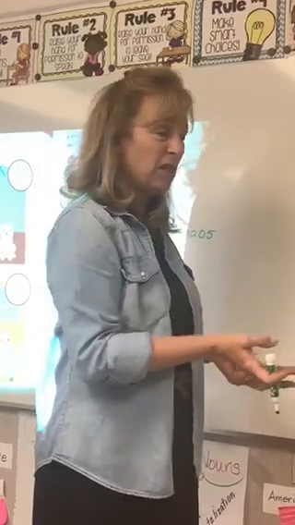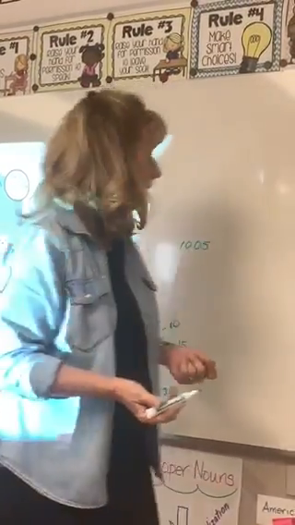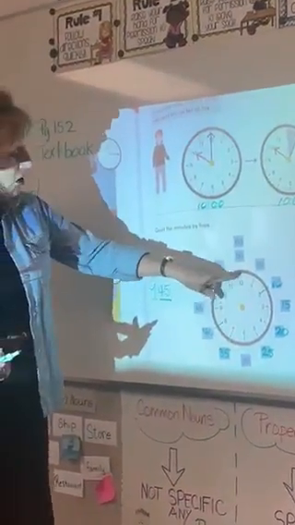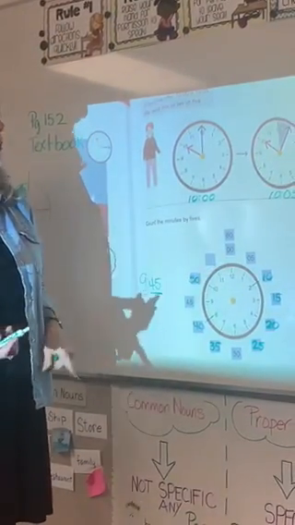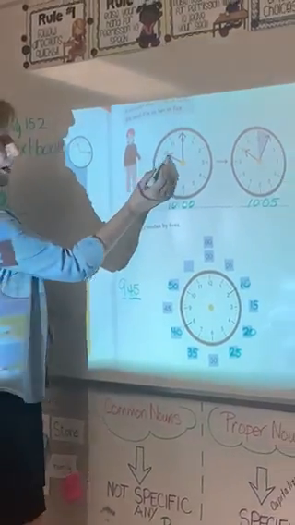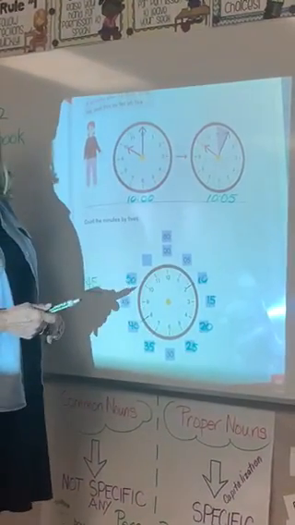We want to know what's the closest hour. And it's really closer to the o'clock. So it's 10 minutes more until the next hour, depending on where your hour hand is pointing.